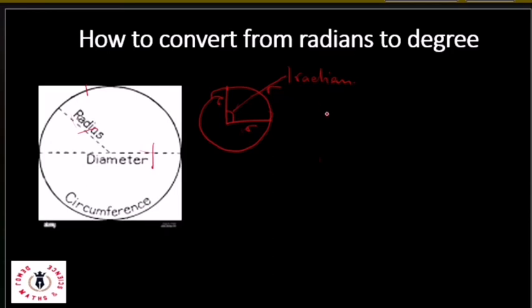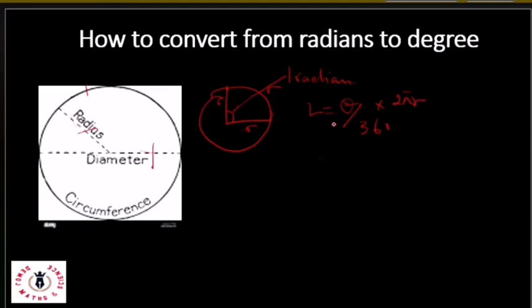Now remember that when calculating the length of an arc, we say that the length of an arc L is equal to theta over 360 times 2 pi r.